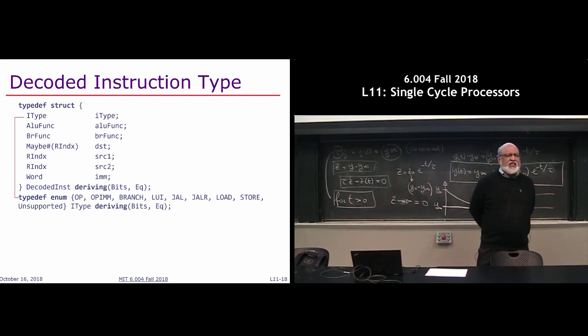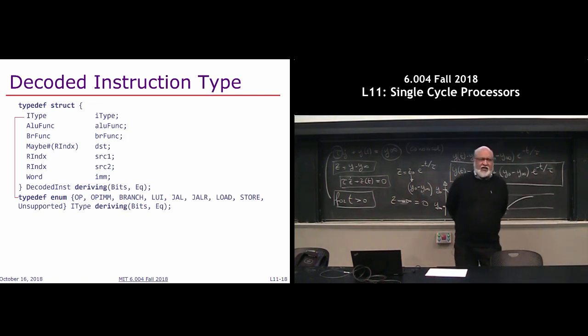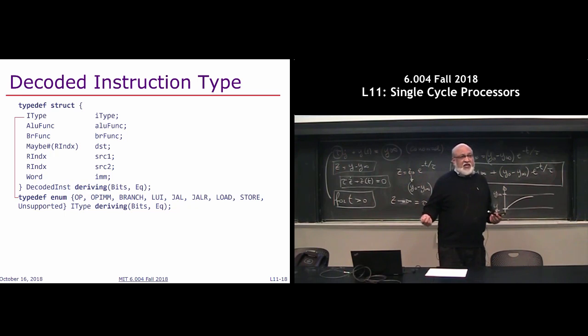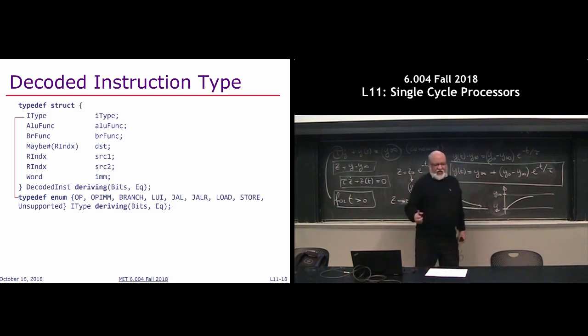That's the refrain all the time. Every time you declare a type definition, you're defining a new type. You will discover that there are many properties you want, which you will have to write down. How is it represented in terms of bits? How is it printed? How is the equality determined on that? So instead of making you do all the work, you can say, please derive the following functions for me.